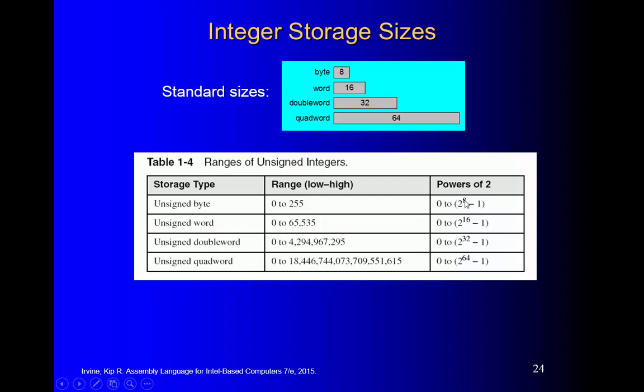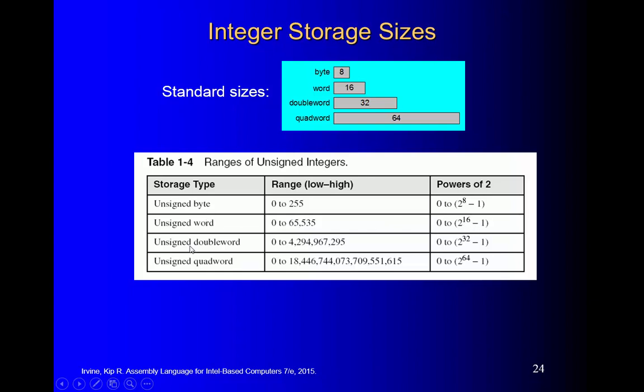That means 2 to the 8th power minus 1 is 255. If you use a word for storage, the largest number you can save into a word is 0 to 65,535. It equals 2 to the 16th power minus 1.